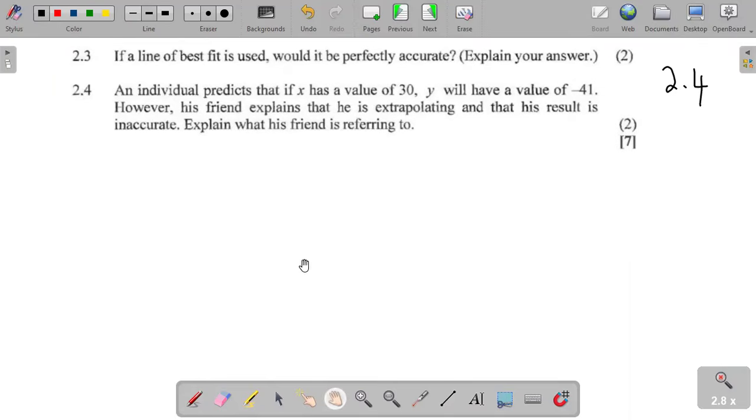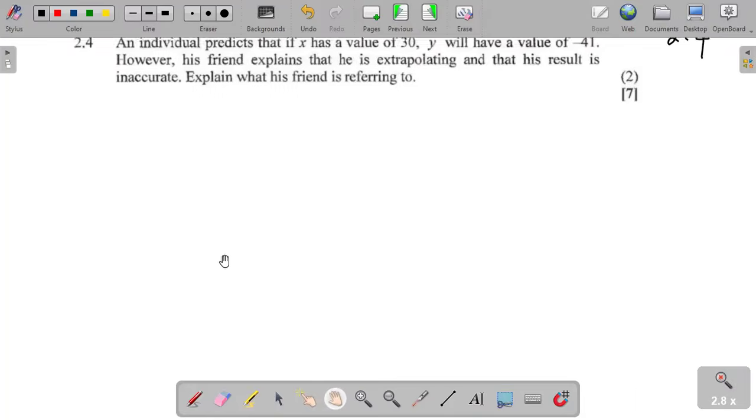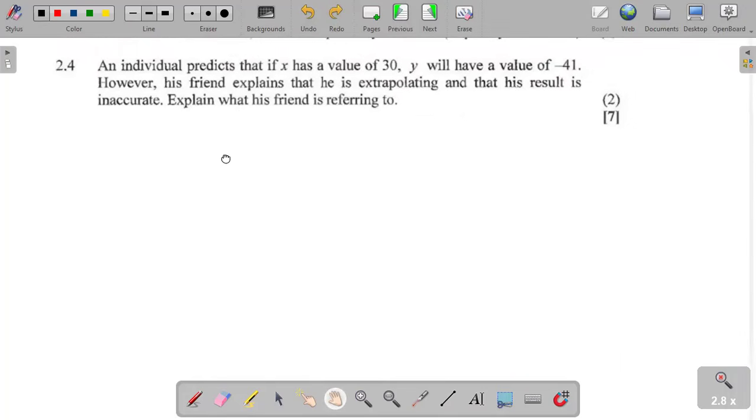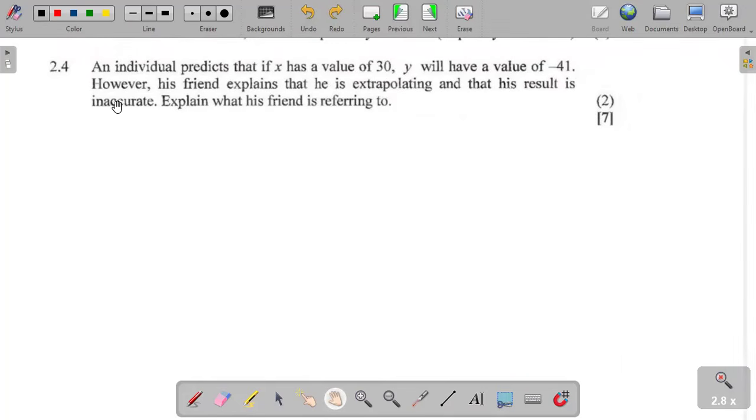2.4. Let me do it on this side. They say an individual predicts that if x has a value of 30, y will have a value of -41. However, his friend explained that he is extrapolating and that his result is inaccurate.